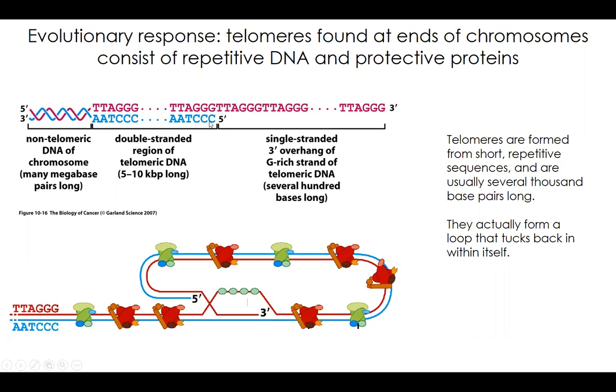This part here, this is right here we're looking. This actually forms a loop that tucks right back in itself, kind of forming, if you think about the hem on your clothing, like on your shirt, kind of looped back on itself, and this is called a T-loop. The purpose of this is to protect the ends of the DNA.